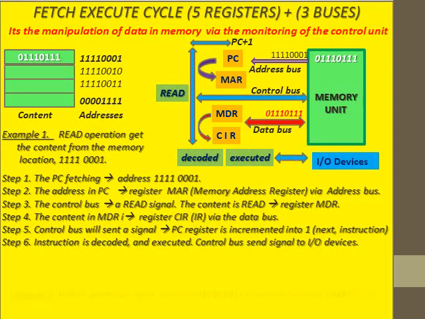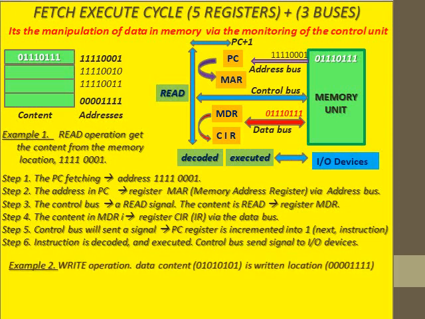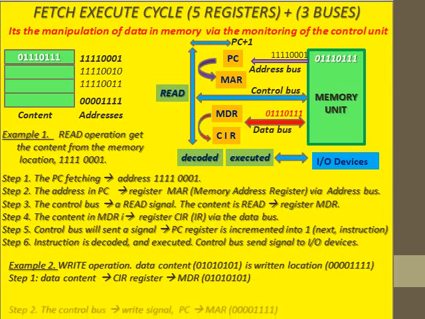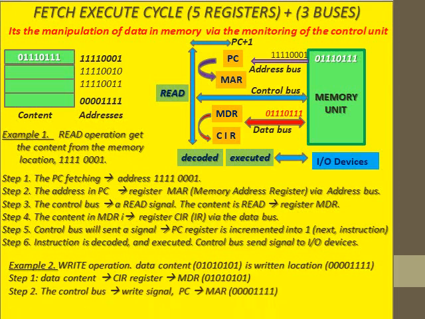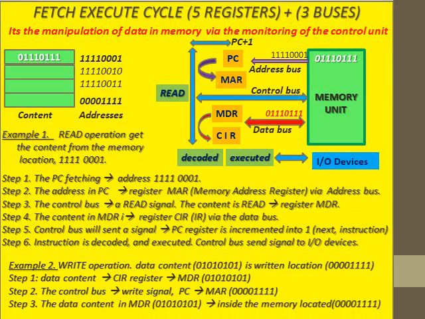I am going to illustrate another example. To understand better, let's take example 2. Let's consider a write operation. Here, the data content of 0101 0101 is written into the memory location 00001111. Step 1. First, the data content in CIR will be placed inside MDR.